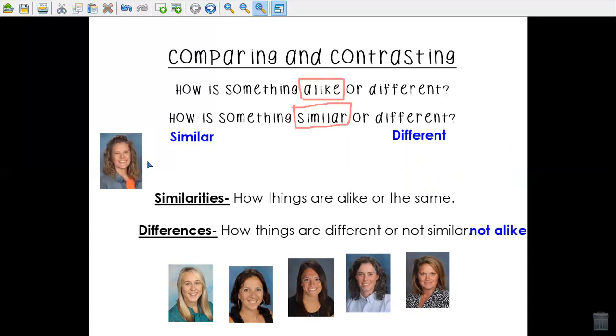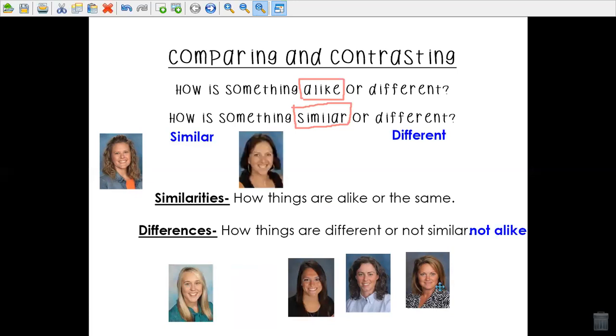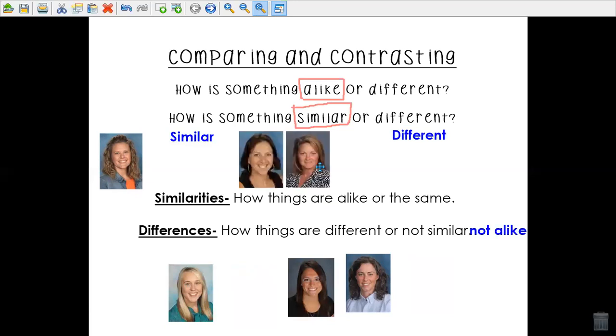And she is different from the rest of us because no one else has 3 children. Okay, let's think. Miss Joyce and Miss Rouse are similar because they both have 2 children. Okay, that's kind of cool. So they have 2 children, she has 3 children. They are different, but they're also similar because they have kids.